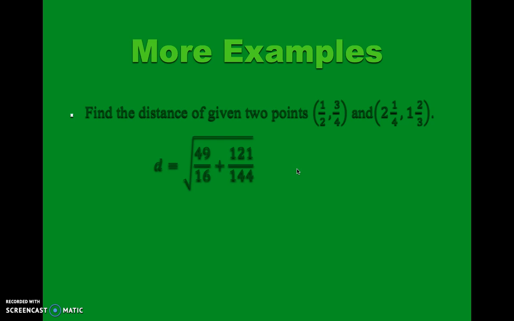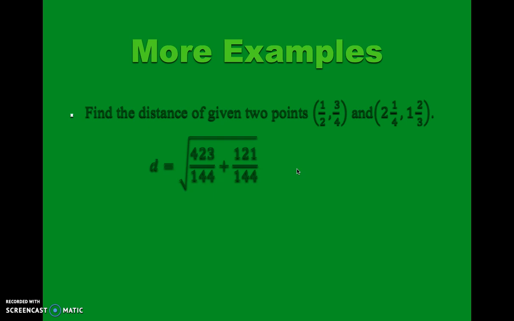144 is divisible by 16. 16 divides 144, which equals 9. So you multiply the top and bottom of the fraction 49 over 16 by 9, which gives the square root of 49 times 9 over 16 times 9 plus 121 over 144, which then simplifies to the square root of 441 over 144 plus 121 over 144.